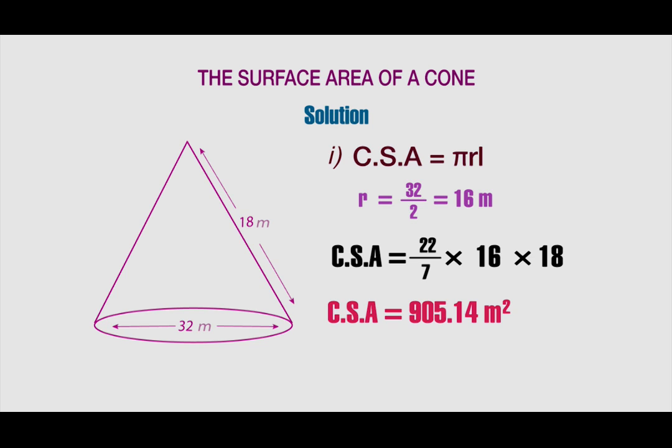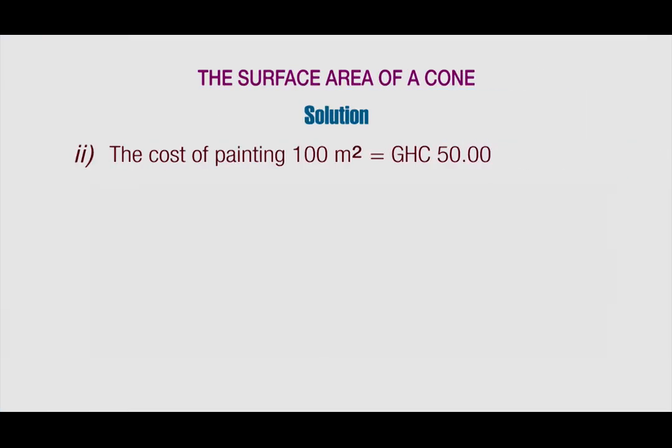Now you can find the cost for painting the curved surface area. You are told that the cost of painting 100 meters squared is 50 cedis.